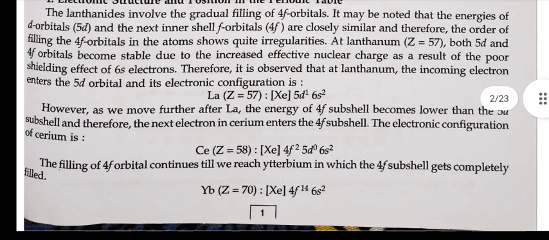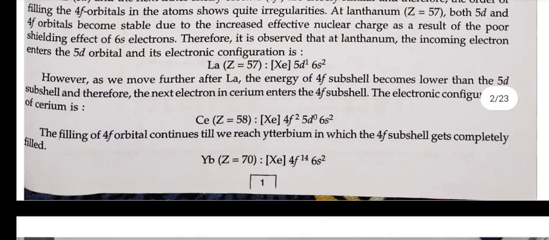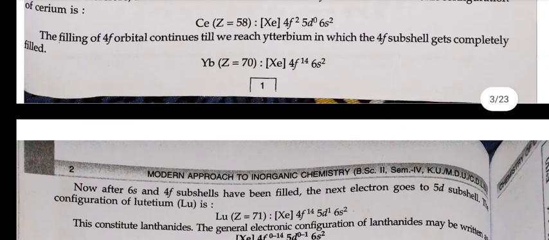The filling of 4f orbitals continues till we reach ytterbium, in which the 4f subshell gets completely filled. Now, after 6s and 4f subshells have been filled, the next electron goes to the 5d subshell. The configuration of lutetium is xenon 4f14 5d1 6s2.